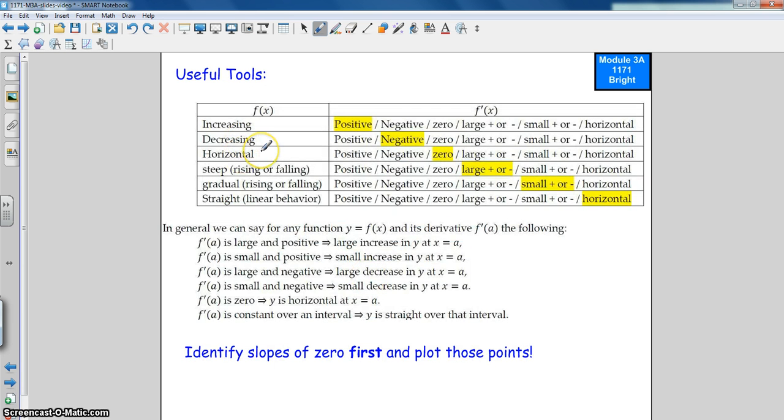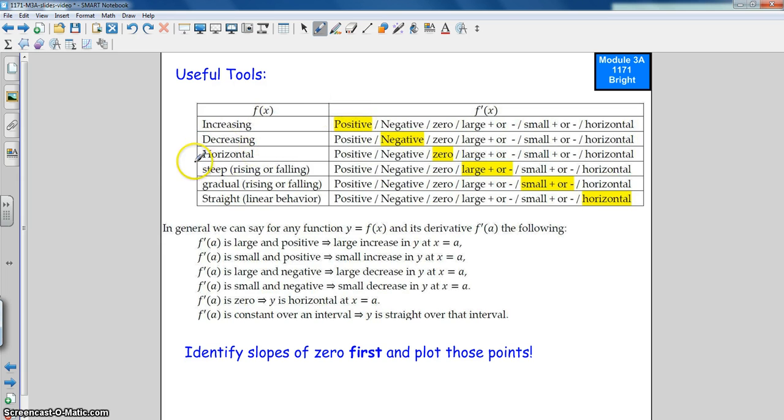Well, in the module notes, we actually have these tables and then this other descriptive paragraph given in the notes. What's really nice about this is it tells us when f of x is increasing, and actually I want to start when f of x is horizontal. Okay, horizontal, that means its rate of change is 0.